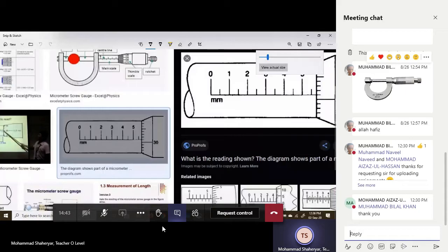Beta, 5.5 is wrong. If you can see here, 5 is here. This is 5.5. This is 6, and then this is 6.5. Oh, sorry. Main scale reading is 6.5, and the circular scale reading is 18. You divide 18 by 100, it comes 0.18. So adding both, the answer should be 6.68 for this one. All right.